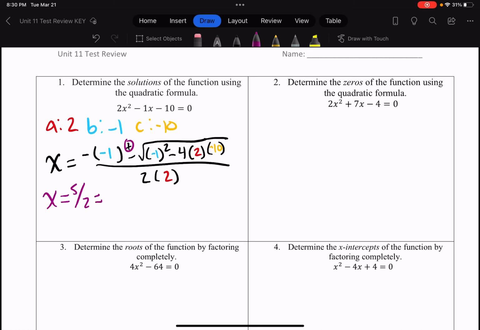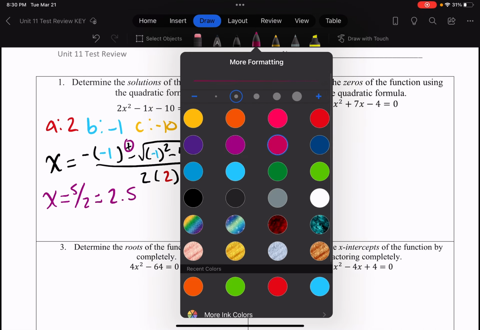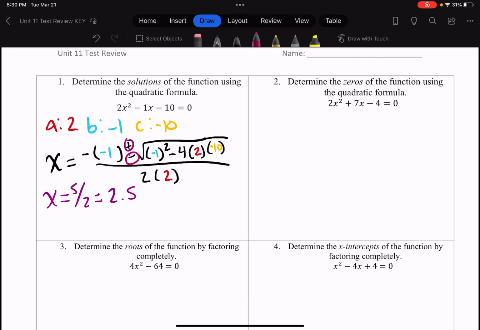Or you could say 2.5. And that would be one of my solutions. And then the subtraction solution is x equals -2.